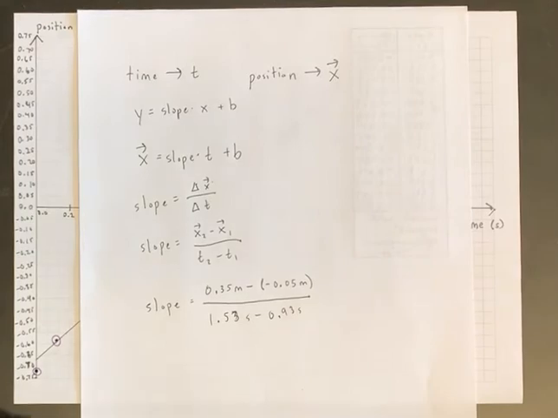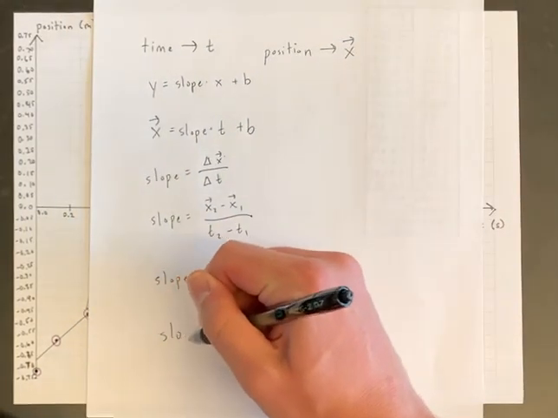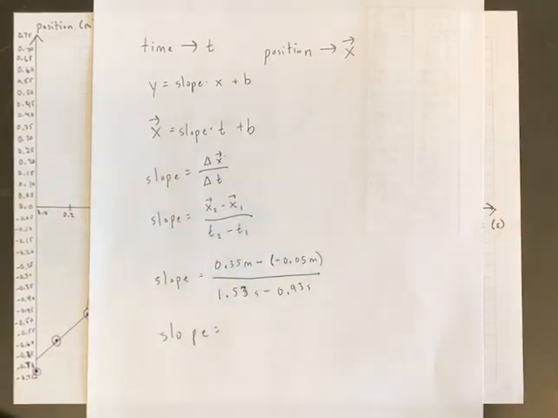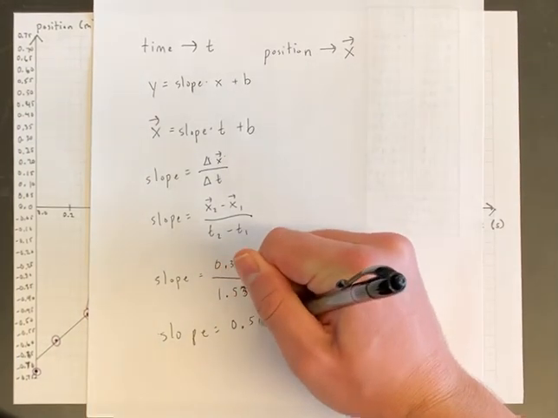After that, I can go ahead and do all of the math in my calculator. Give me a second to grab my calculator and do that. When I do 0.35 minus a negative 0.05, and I divide that by the quantity 1.53 minus 0.93, I end up with exactly 0.50.